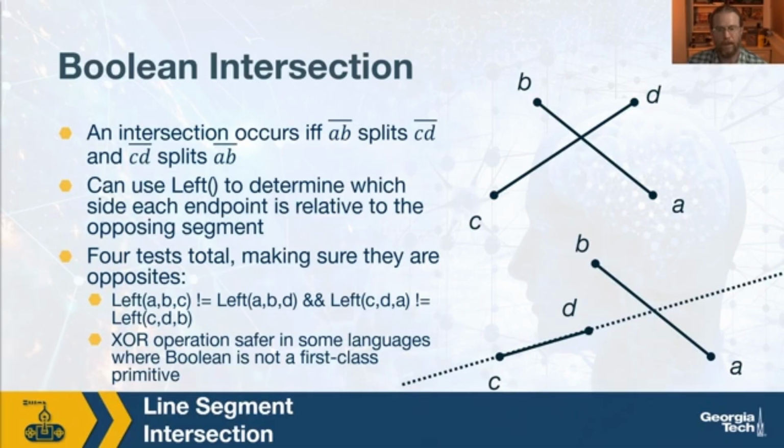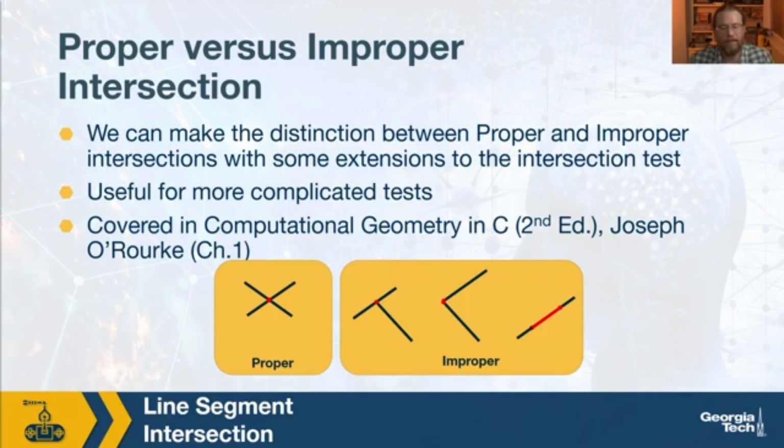That'll tell you if there is any kind of intersection, which may be sufficient in a lot of cases. You may find for certain sorts of tests, you really have to make a distinction between the type of intersection. And this can be useful for more advanced tests. The scenario we were looking at was really a proper test, but we can separate these out by considering things such as collinearity.